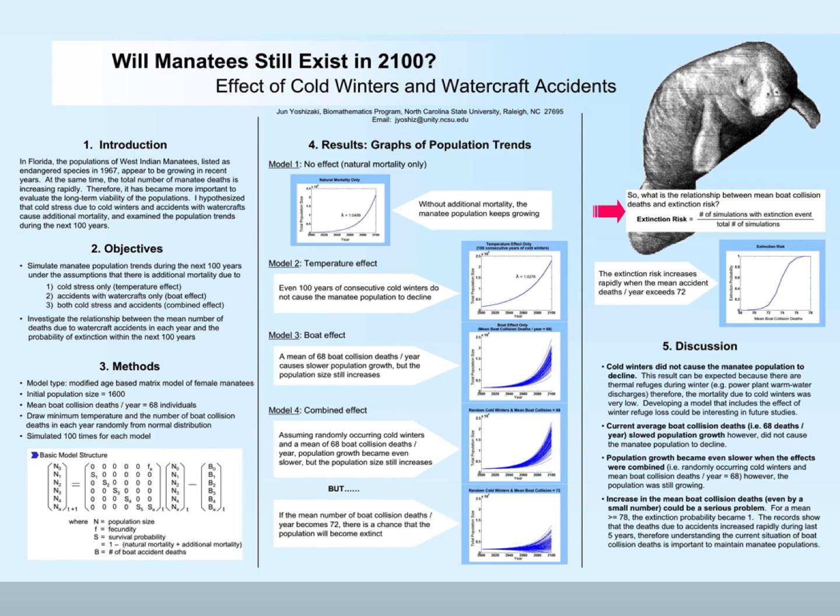Some negative points: the author information is very small, so that should be larger. The large image of the manatee is not a really great picture. It's low resolution, so if this was printed in a very large printout, like for a bulletin board, it would be very pixelated. The fonts on the graphs are very small, so they're hard to read.